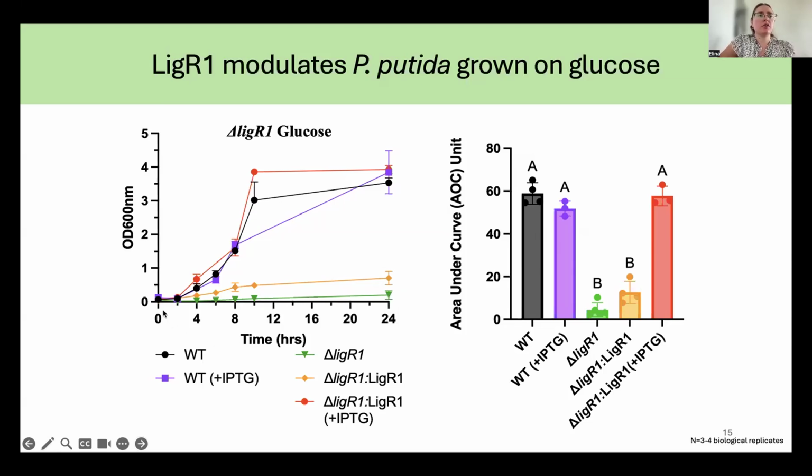We monitored the growth of the bacteria over a course of 24 hours, and we're just showing the optical density. The graph on the right is an area under the curve measurement for an easier representation. When we complemented the LIGAR1 gene back into the knockout, we were able to restore growth on glucose when we induced expression with IPTG.